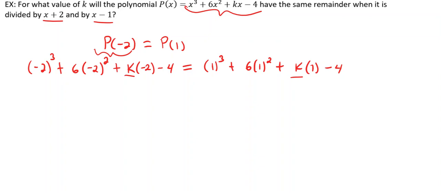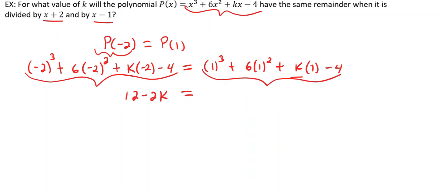If you simplified this side down, you'd end up with 12 minus 2k, is equal to, and simplifying all this down, we'd end up with 3 plus k. I'll add 2k to both sides. So plus 2k, plus 2k.